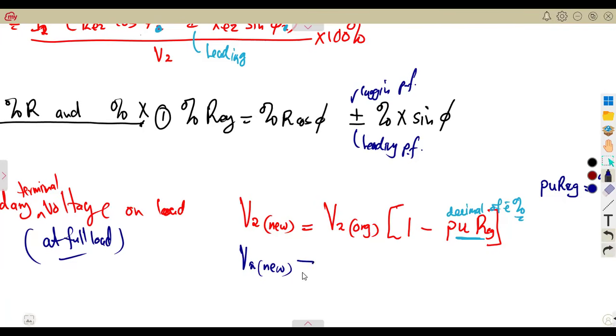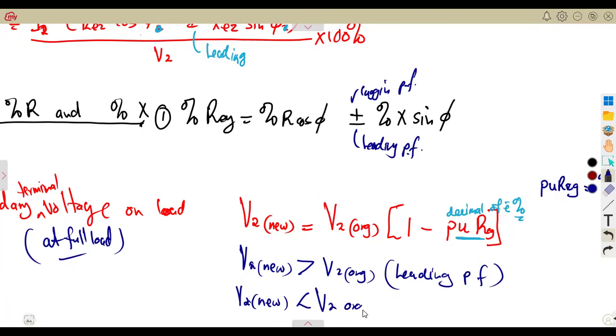It can be greater than the original voltage, the one that we had. In that case, you are dealing with a leading power factor. It can be a condition where the V2 new that we just calculated is less than the original V2. In that case, you are dealing with a lagging power factor.